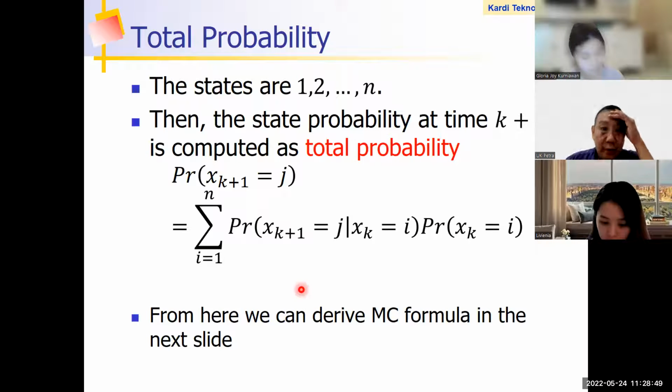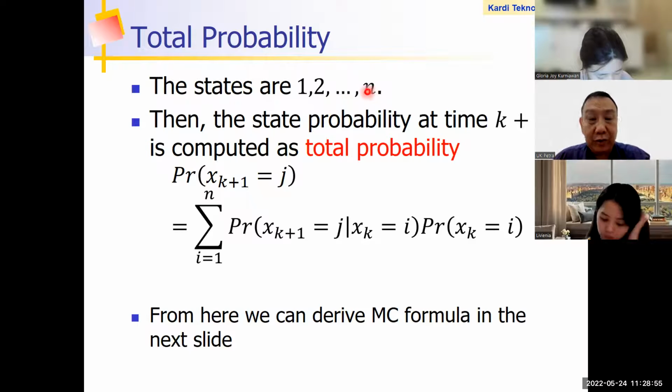Okay. So if the states are, say, 1, 2, 3, I put numbers instead of ABC. Then the state probability at time k plus 1, given that today is in k equal i. Okay.